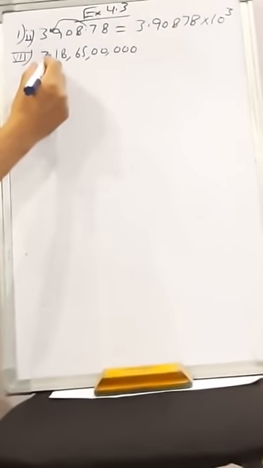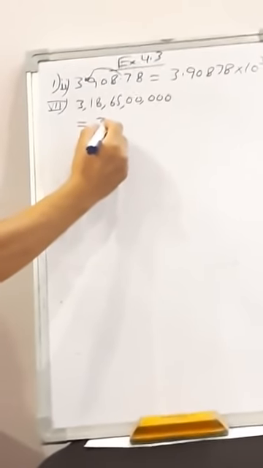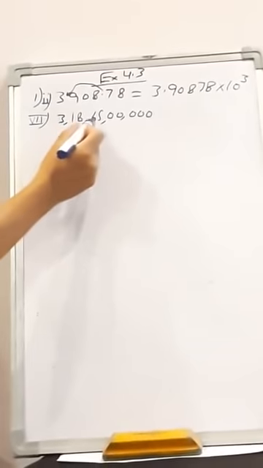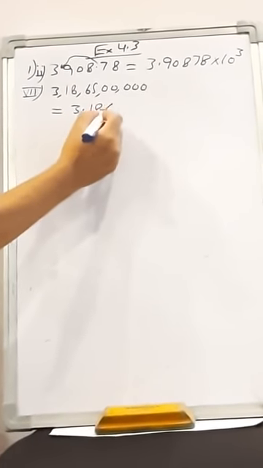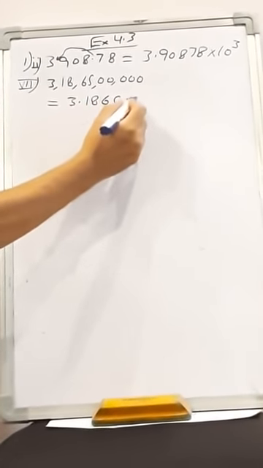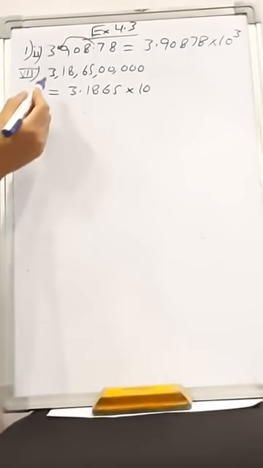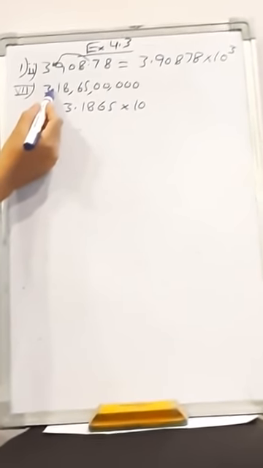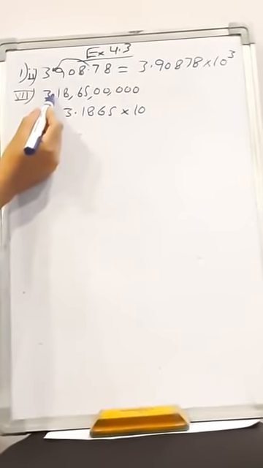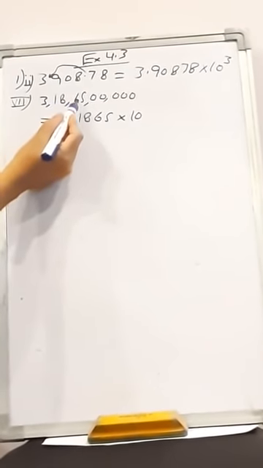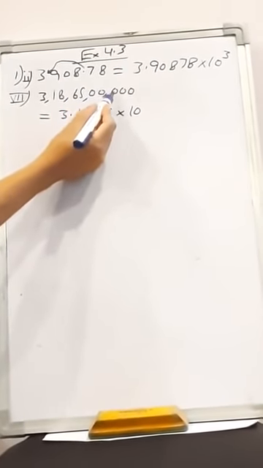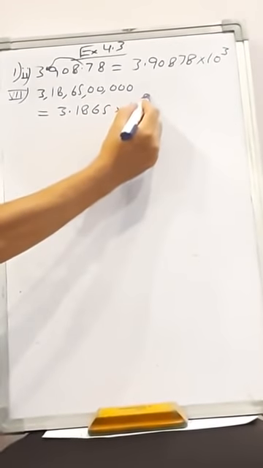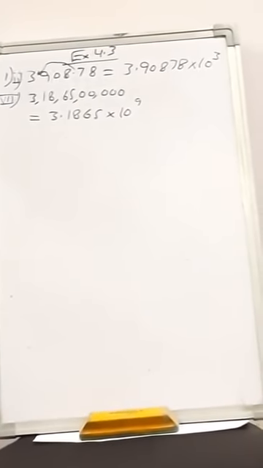So here we will place the decimal after 3, as we write in standard form after 1 digit. So 3 point, now all the significant digits will be written here, 1865 multiplied by 10 to the power as many places lie after the decimal place. So 1, 2, 3, 4, 5, 6, 7, 8, 9. So into 10 to the power 9.